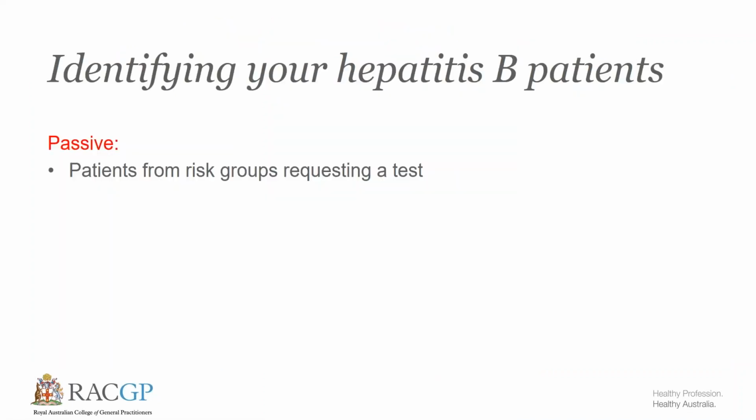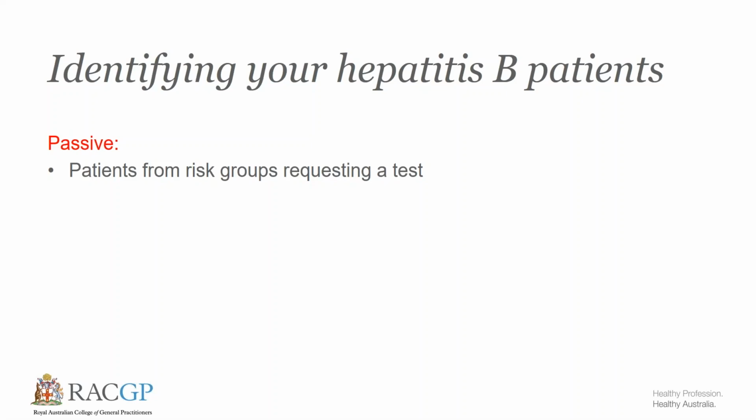Here's where I think Tim's general practice experience is really something I want to draw on, because it's how do you identify your hepatitis B patients. So I've already said we'd like at least 80% of people with hepatitis B to know who they are, and have half of them engaged in treatment. Obviously they have to be diagnosed before they can be engaged in your care.